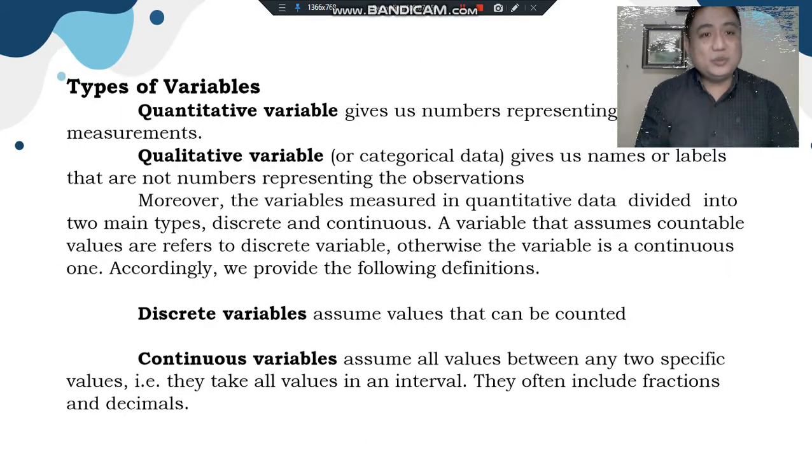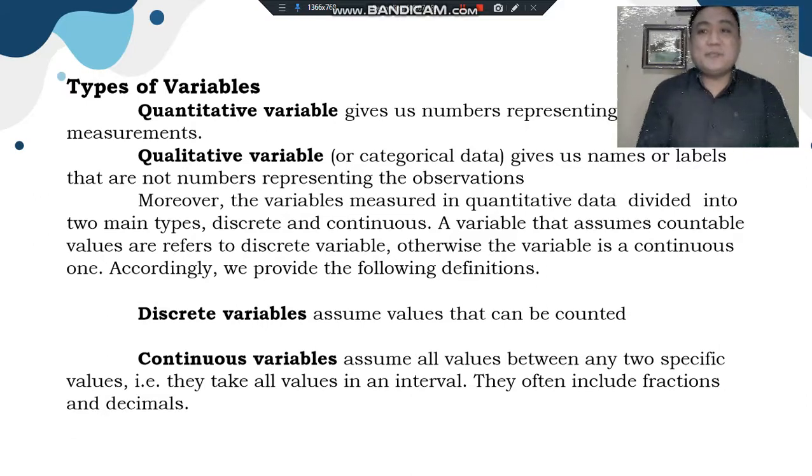Now let's go to the different types of variables. A quantitative variable gives us numbers representing a count or measurement, while a qualitative variable gives us names or labels that are not numbers representing the observations.